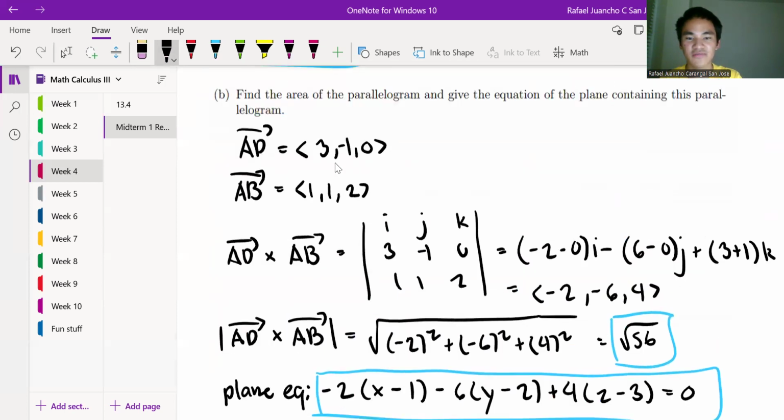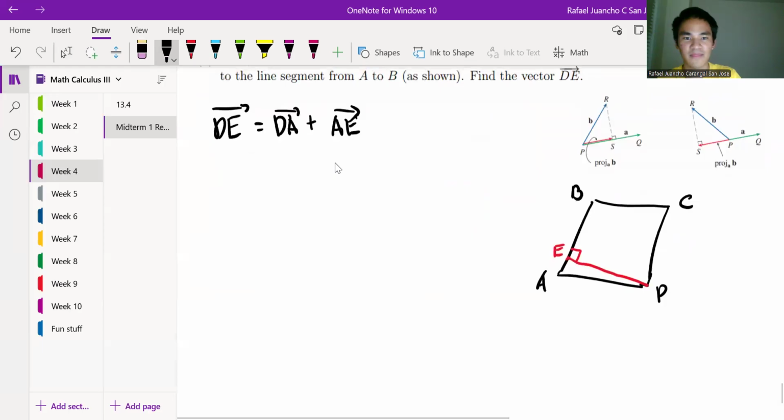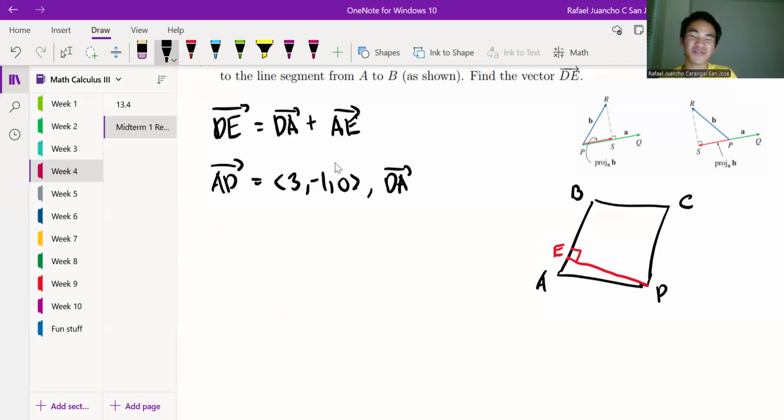AD is 3, negative 1, and 0. And so my DA, if I want to switch it, then I multiply everything by a negative 1.